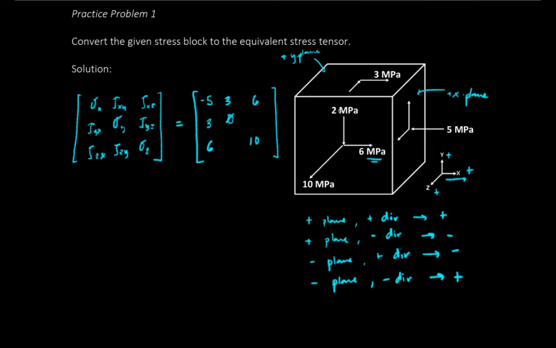Let's look at the 2 megapascal shear stress here. It's on the positive z plane, but it's moving in the negative y direction, because the positive y is going upwards. So this is a negative y direction. Therefore, it's a positive plane moving in the negative direction, so we have a negative shear stress. So this is -2, and it's just equal to negative tau yz.